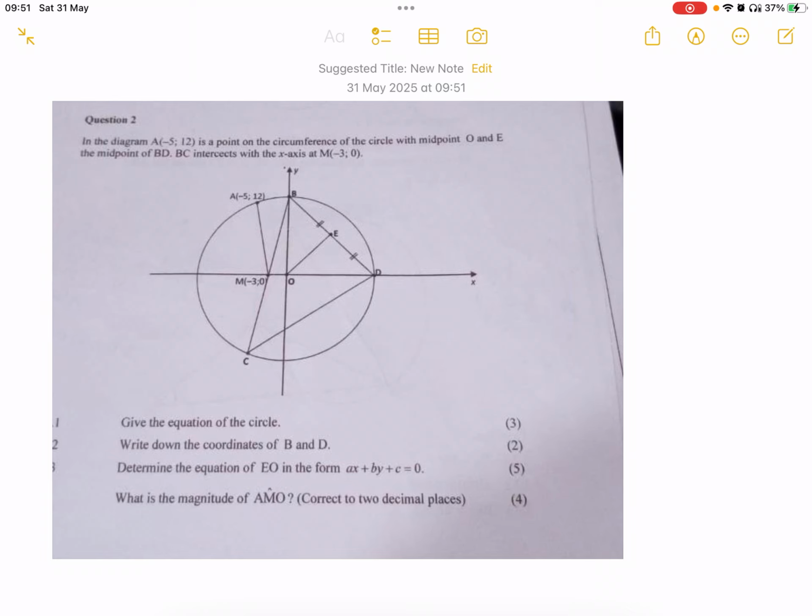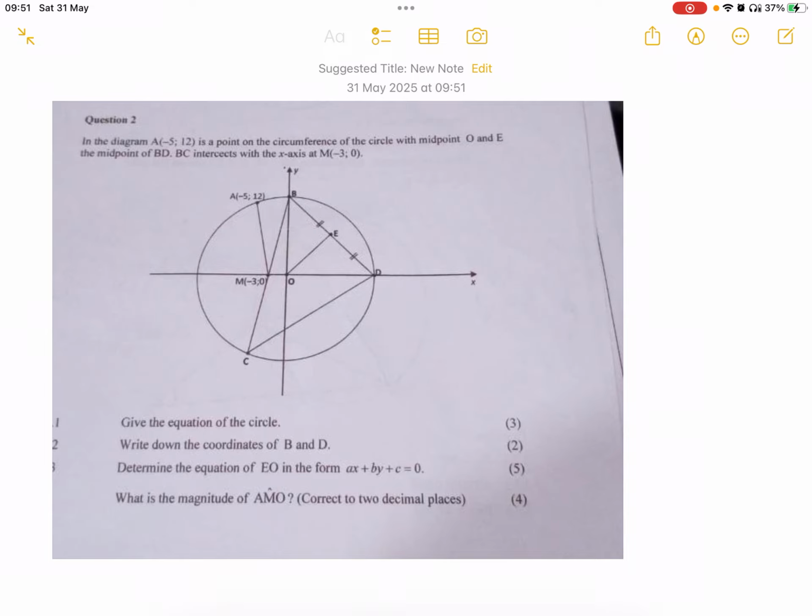That's, I think, theorem 1 in Euclidean geometry, whereby you have BE equal to ED. So if BD is a straight line, then EO is perpendicular, which means, since we now have the coordinates of B and D, we can find the gradient of BD in order to find the gradient of EO.